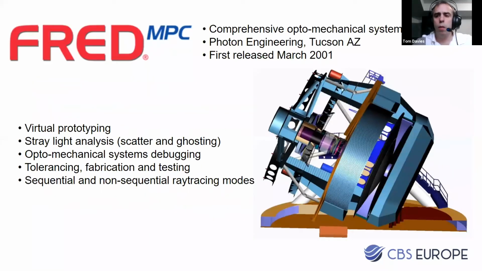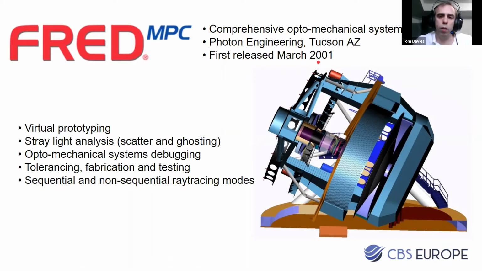So first of all, for those of you who don't know so well what FRED is, let me just give you a very brief introduction before I give you a live demo. FRED is a comprehensive optomechanical systems analysis tool. It is a product from Photon Engineering, which is a company located in Tucson, Arizona, and it was first released in March 2001.